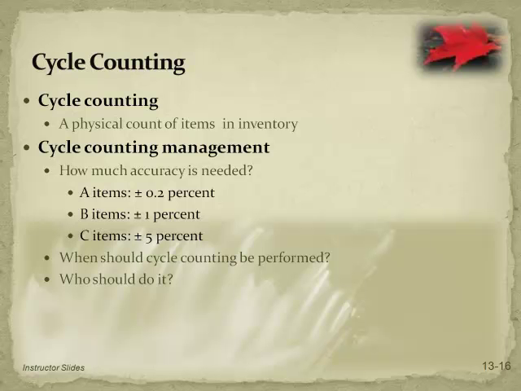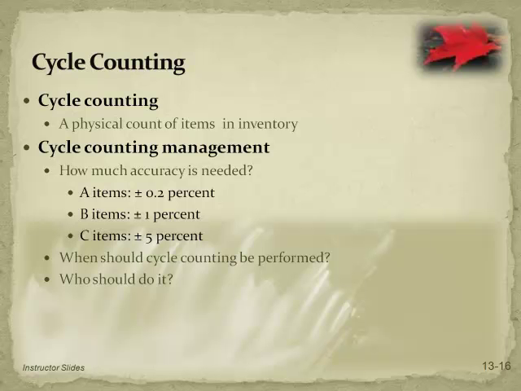We talked about the periodic system and the perpetual system, but there's another method that is much better, and that's called cycle counting. Cycle counting is a technique for counting a few items of inventory every day.